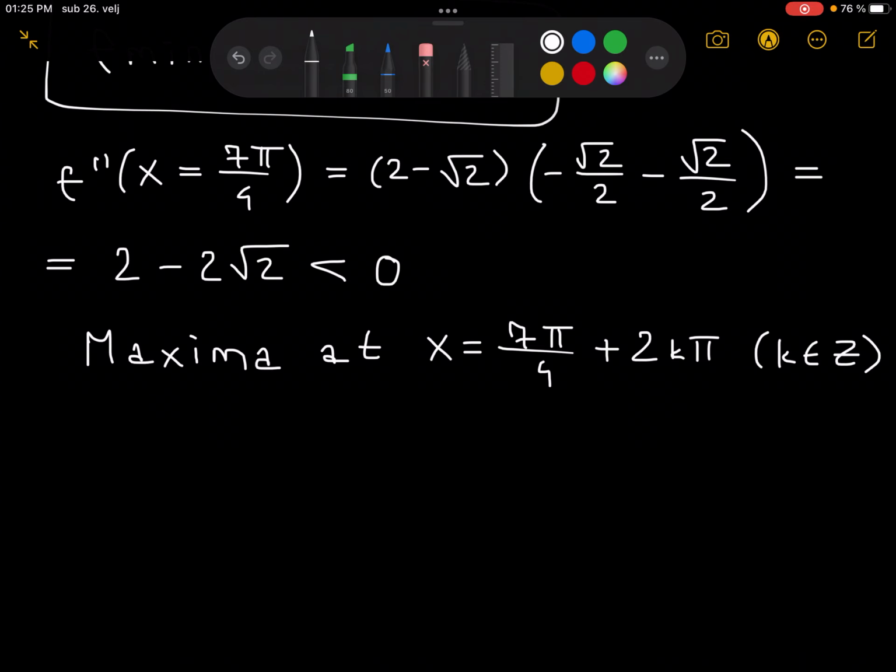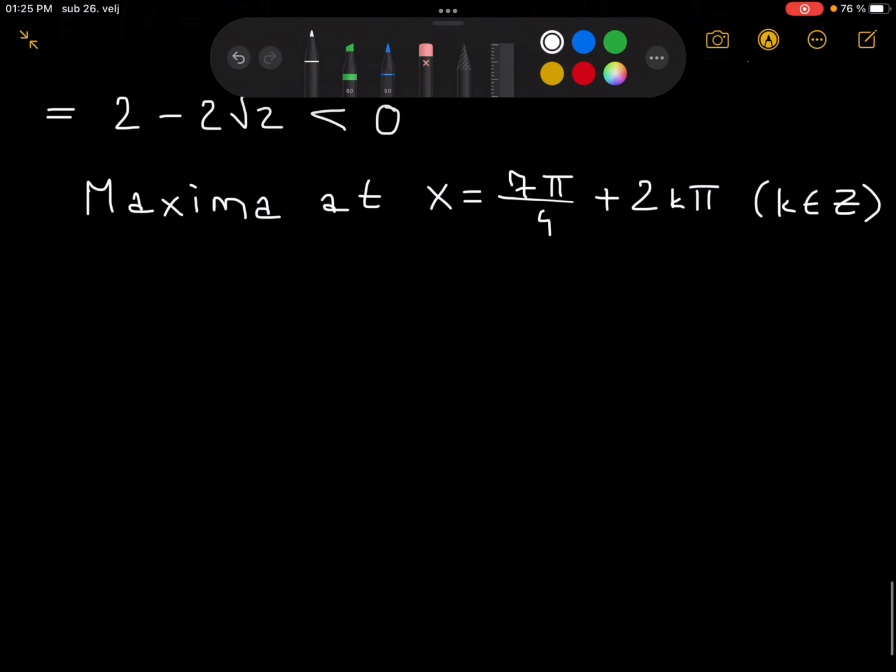Okay, so let's go ahead and now calculate the maximum value.